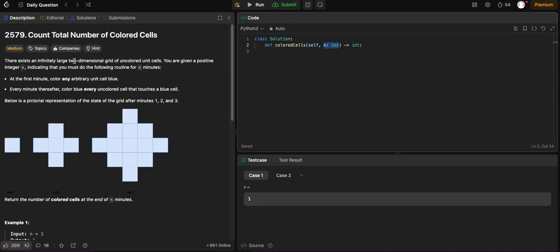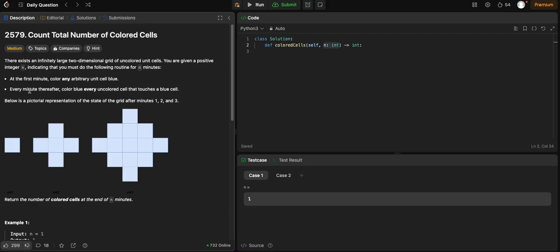So, infinitely large two-dimensional grid of uncolored unit cells. Given positive integer n, so that will be like n minutes. First minute. So the first minute we have one color.